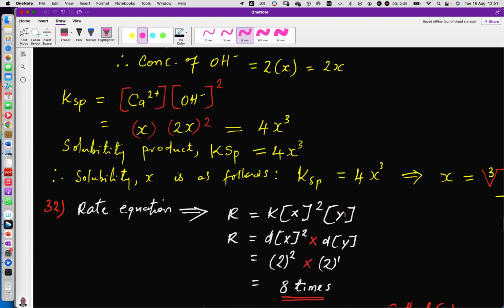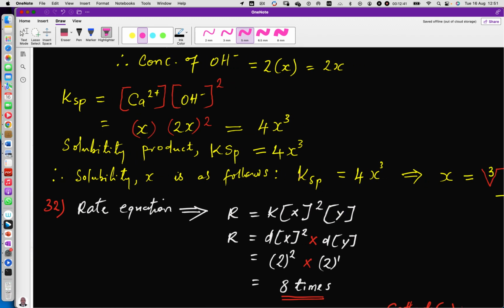Remember, the square bracket indicates concentration. So now let's look at the effect of a change in the concentration of X and a change in the concentration of Y.